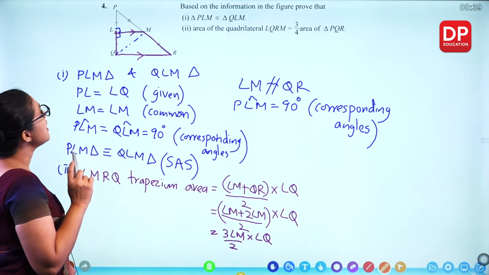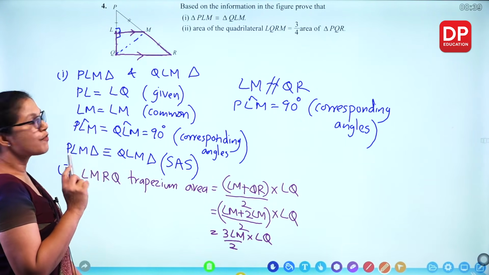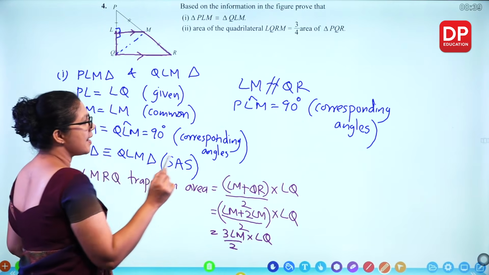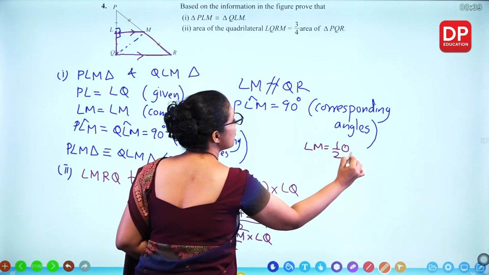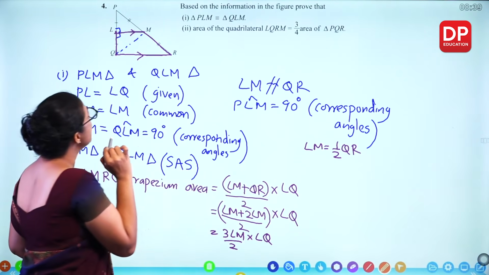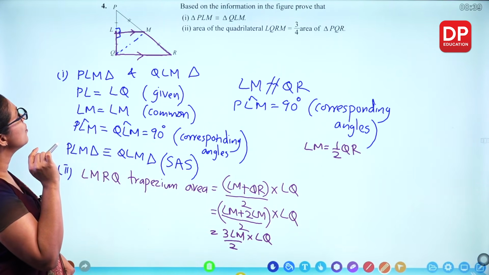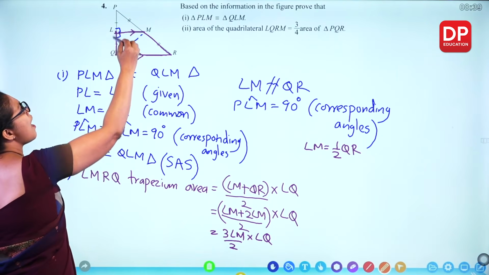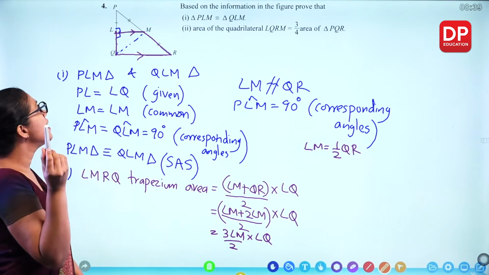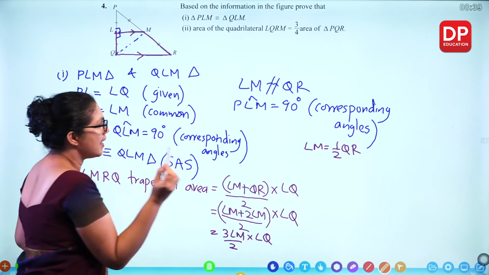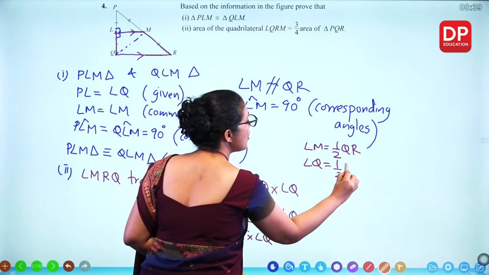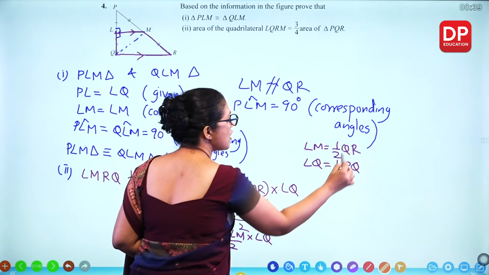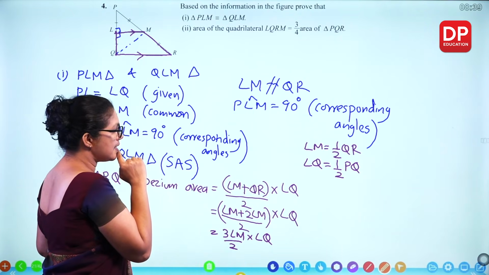How can I write LM in terms of QR? I can write LM is half of QR. And what's LQ? LQ is half of PQ because L is the midpoint. I can write LQ as half of PQ. So I want to substitute these two in this equation.